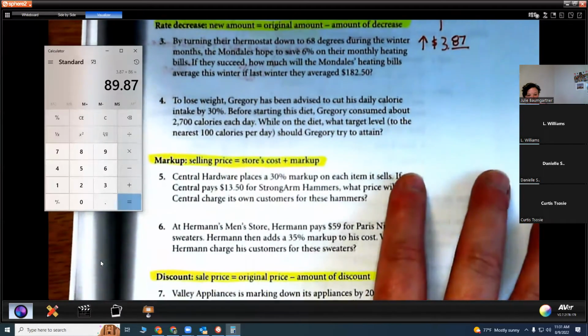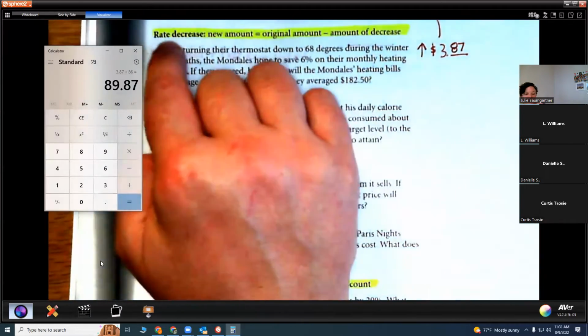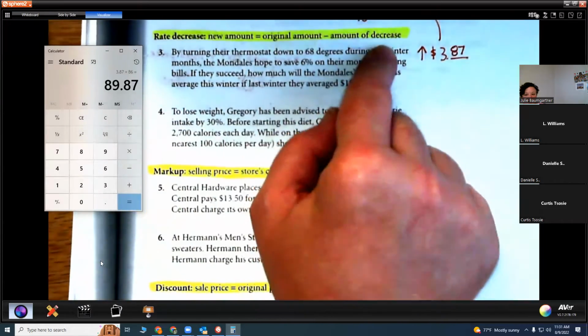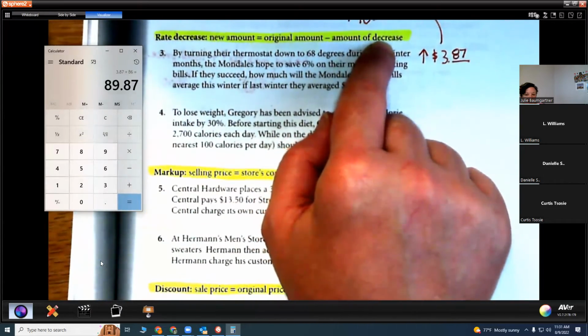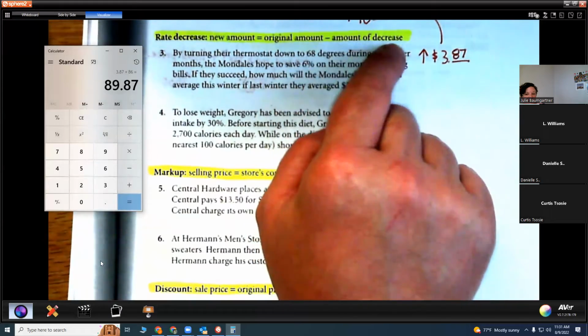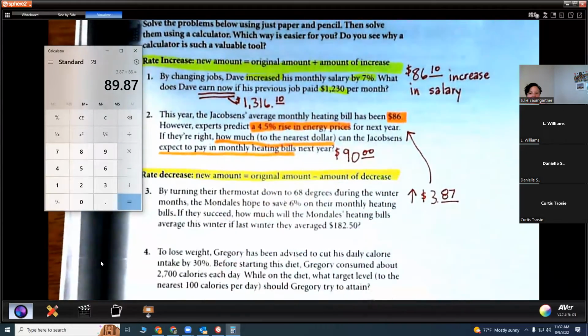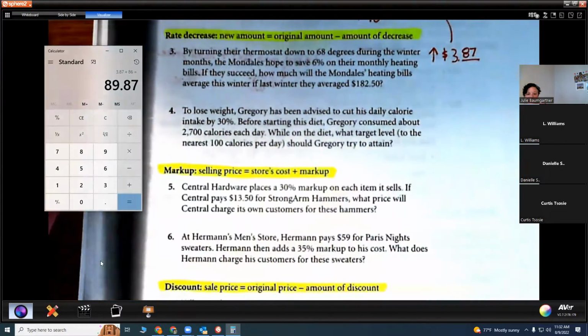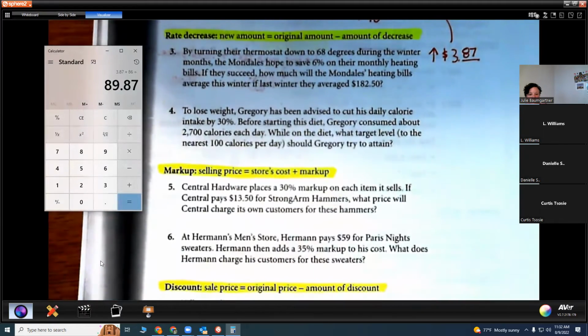No worries. All right. So of course, if it's a decrease, you still have to calculate what the change is. But because it's a decrease, you subtract it from the original amount, whereas if it's an increase, we add it. So by turning their thermostat down to 68 degrees during the winter months, the Mondellas hope to save 6% on their monthly heating bills.